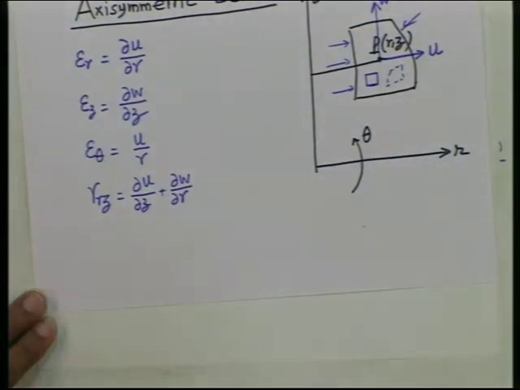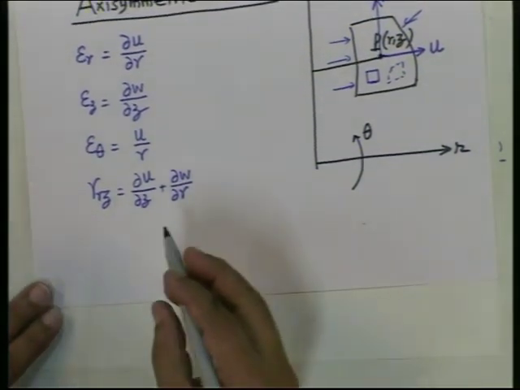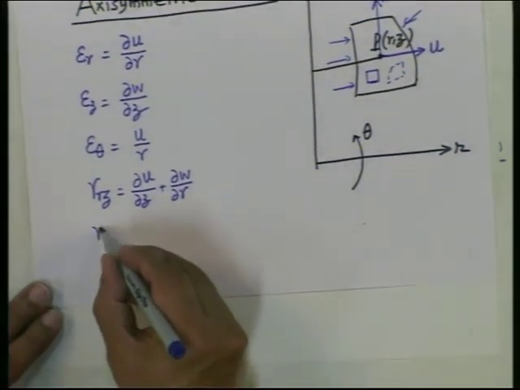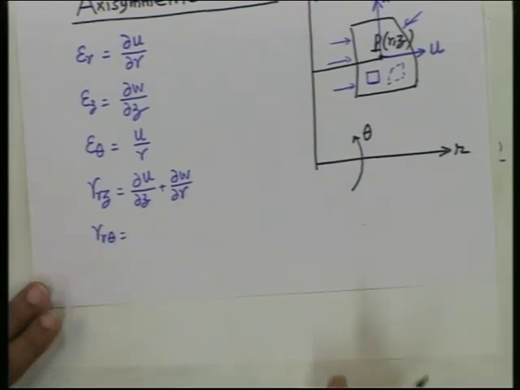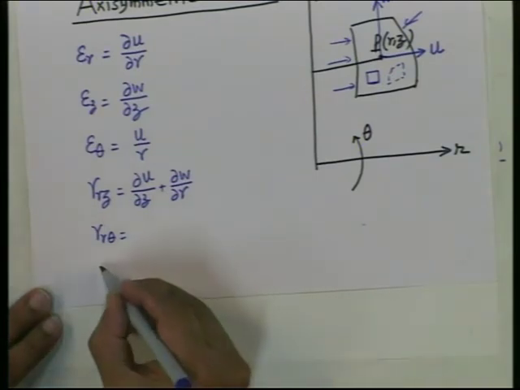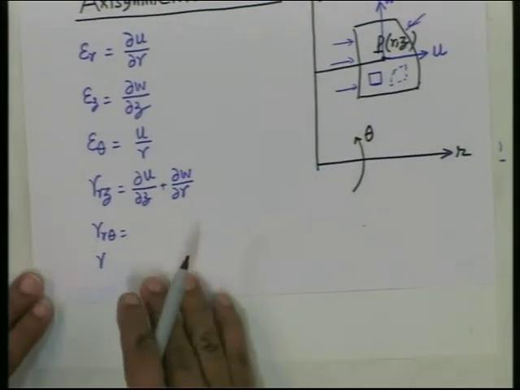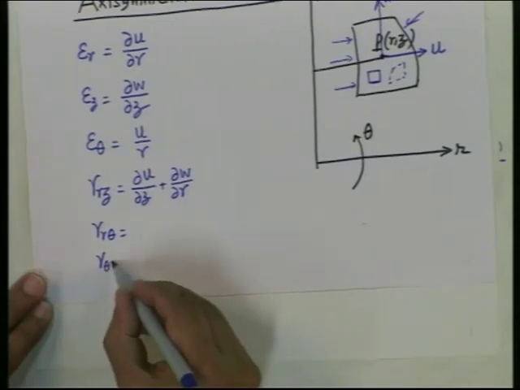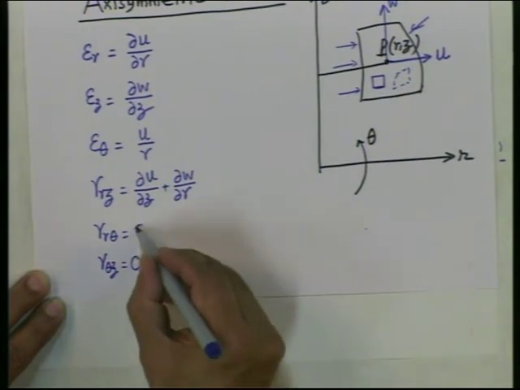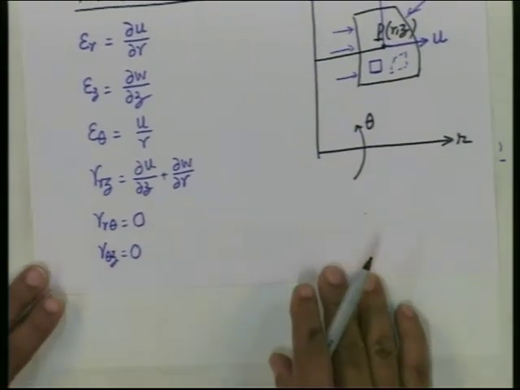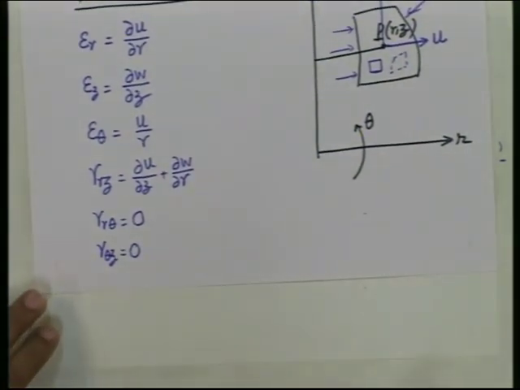But the other shear strains, gamma r theta and gamma theta z, will be 0. This 90 degree will always be maintained between these two directions. So, you have 4 non-zero strain components here.